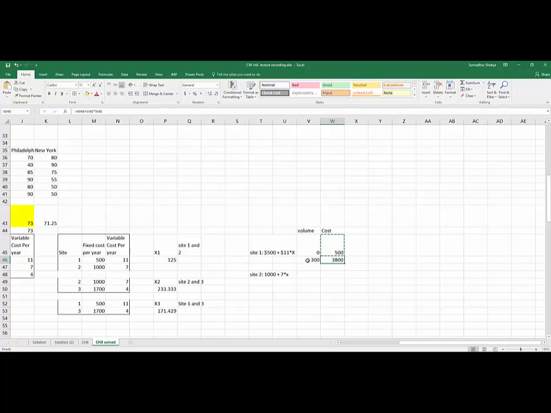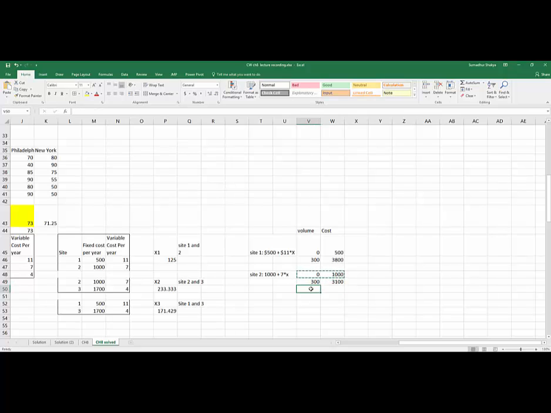Now let me copy the same thing here and then edit it such that this time it should refer to site 2. Let me copy this here as well such that it should refer to the equation for site 2. However, this time we are going to calculate again for 300.